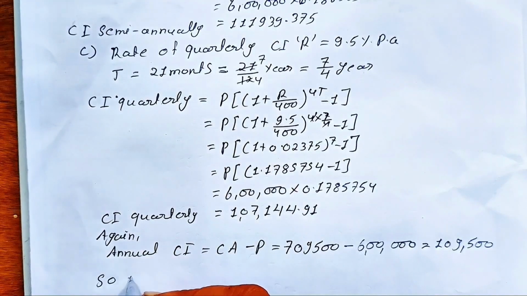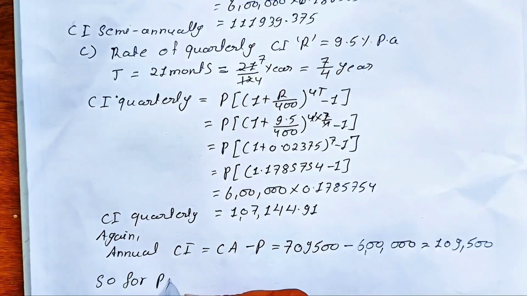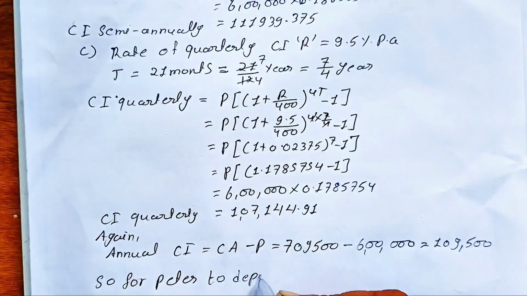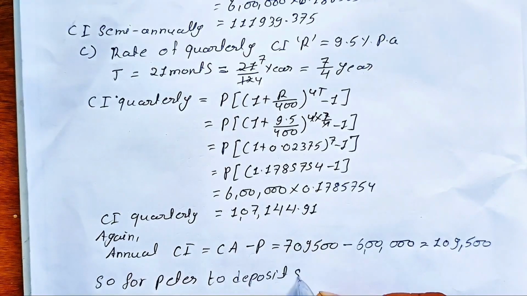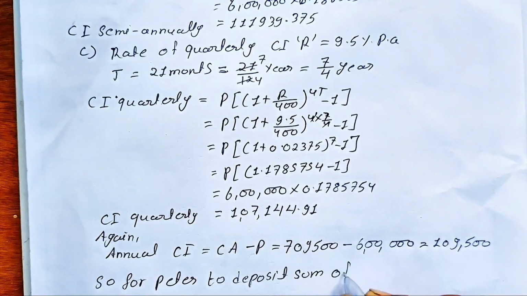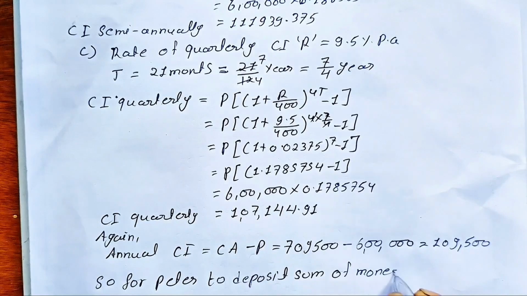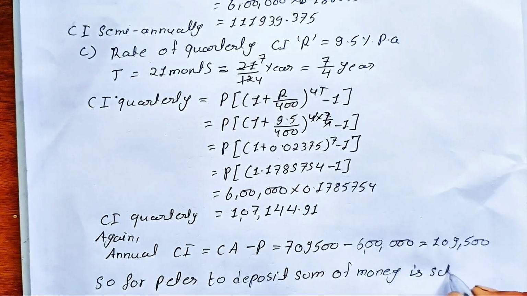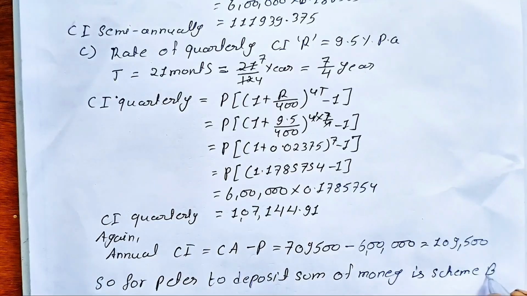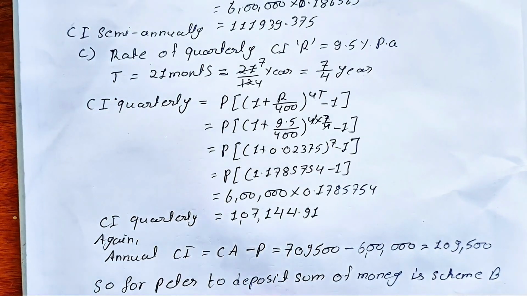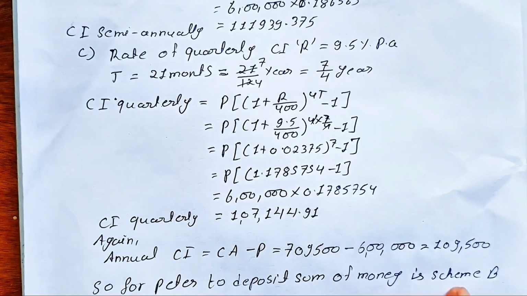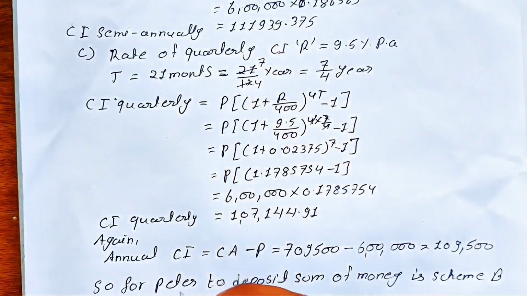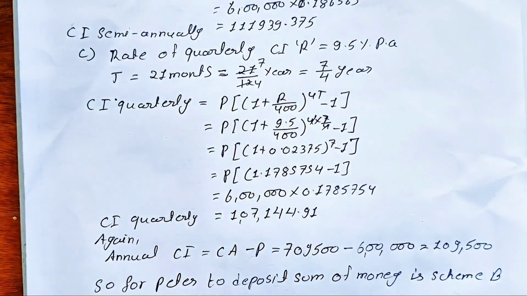So for Peter to deposit the sum of money, scheme B is best because he gets more interest, and this is the answer.